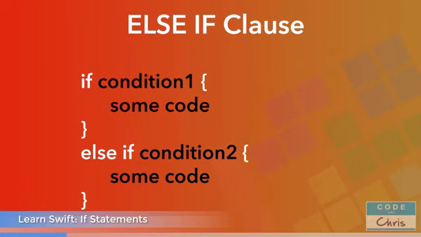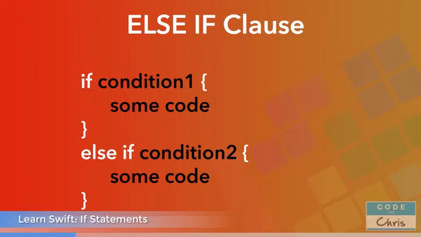So if you write it this way, you're basically checking condition number 1. Is that true? If it's false, now you're checking condition 2. And if that actually evaluates to true, then you're running the code inside that else if block.